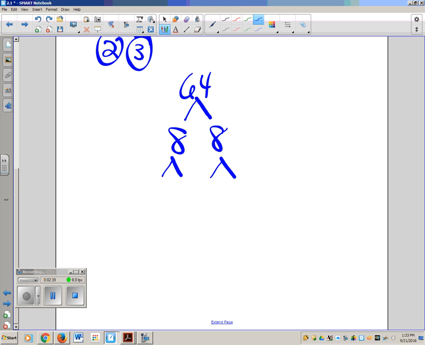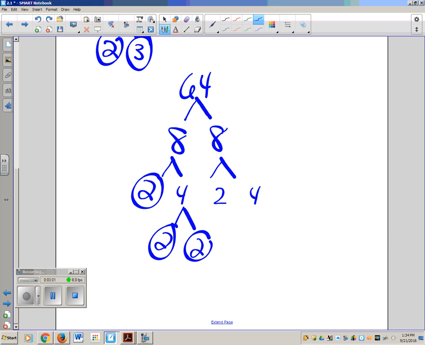Don't use 1 or 8 because you don't get anywhere. 4 and 2. Jordan, which one of those numbers is prime? 2. Circle the 2. Branches under the 4. Then you do 2 times 2 and circle. Do the same thing on the other 8. 2 and 4. 2 and 2.